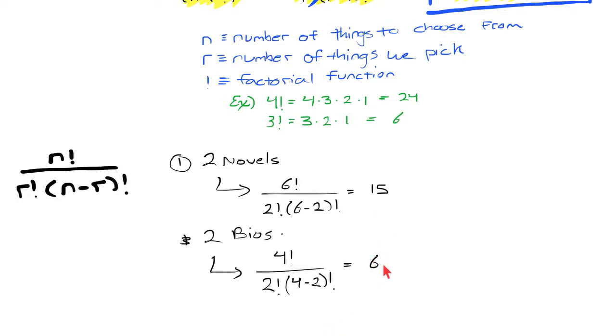You could think of it a few ways. There are 6 ways to pick the biographies, and each time we also have to make a decision on a novel, so 15, 6 times, if you will. So the total choices represented by situation 1 is 6 times 15, which is equal to 90.